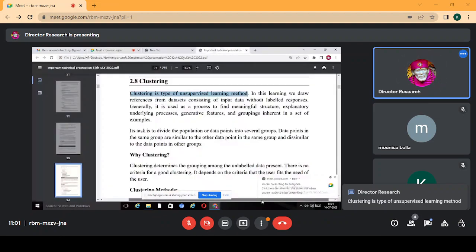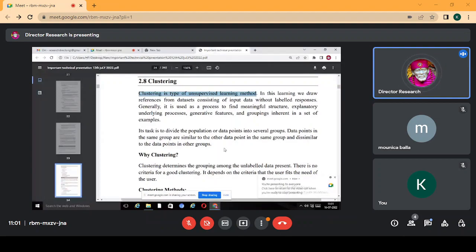In this learning, we draw references from data sets consisting of input data without labeled responses. Generally, it is used as a process to find meaningful structure, explanatory underlying processes, generative features, and groupings inherent in a set of examples. Its task is to divide the population of data points into several groups.